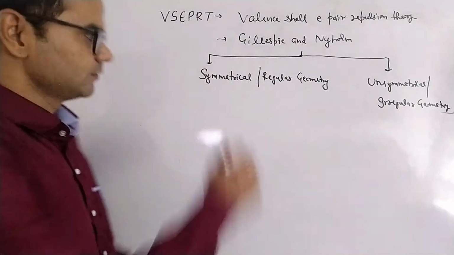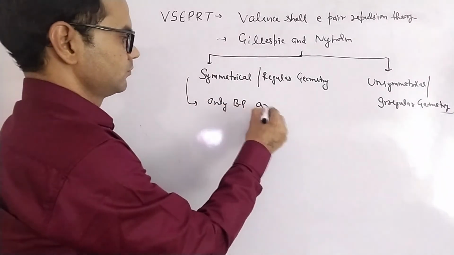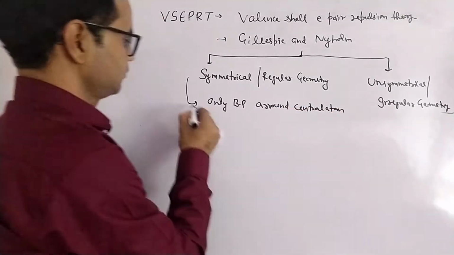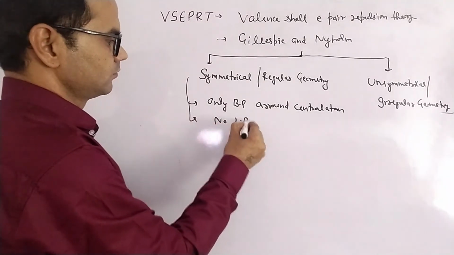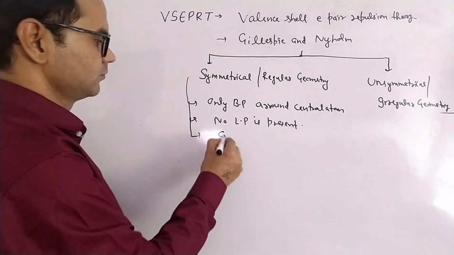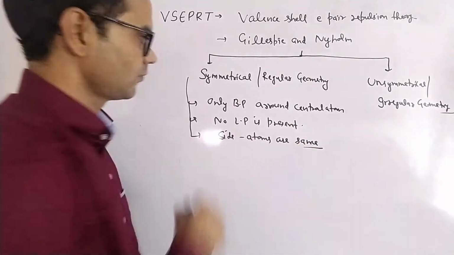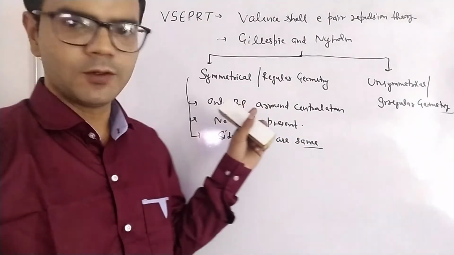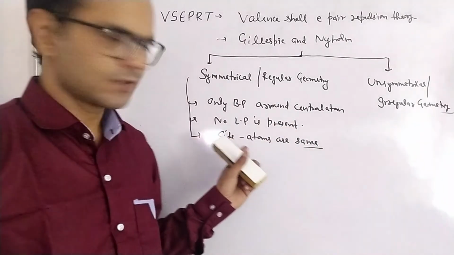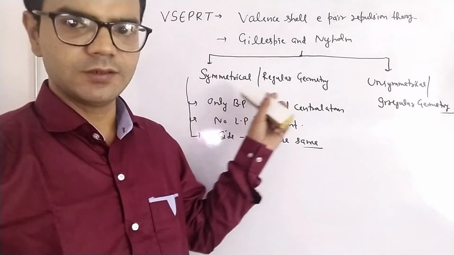The molecules having only bond pairs around the central atom, and there is no lone pair, and the third condition is if side atoms are the same, those molecules possess a symmetrical or regular geometry.